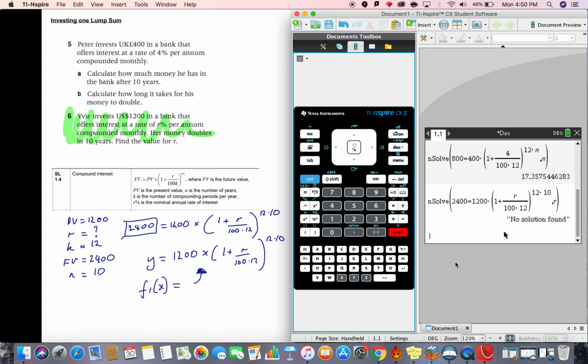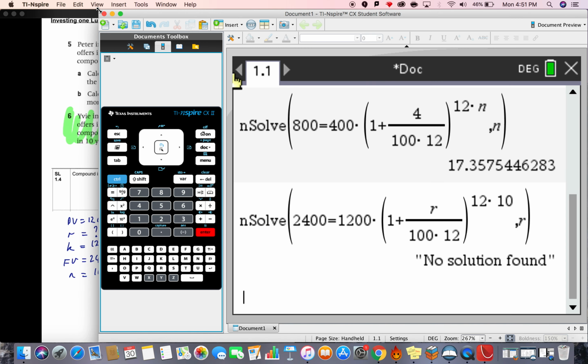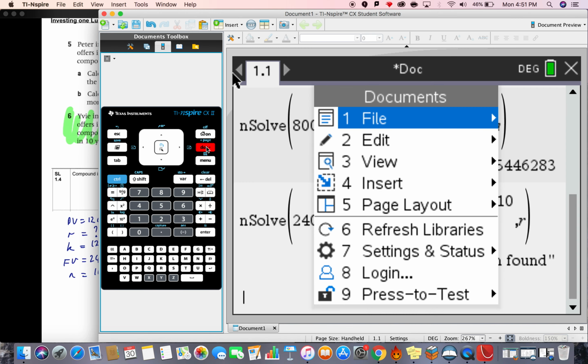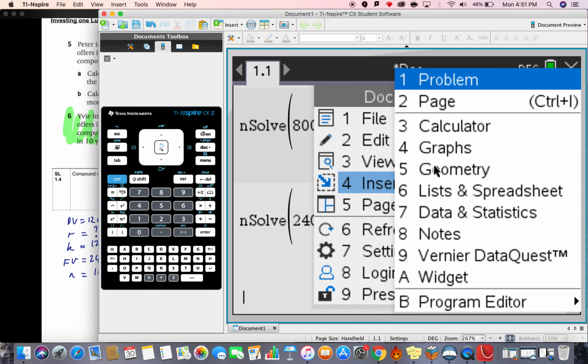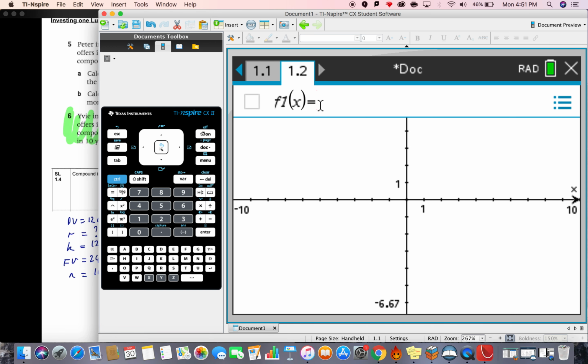The best thing to do is illustrate it on a graph. Let me make this a little bit bigger, TI Inspire, so we can have a good look at it. Now let's insert a graph. In the function plotter, I'm going to type in 1200, which was the present value, times, open bracket, 1 plus R. This time R is the variable on the x-axis, so I'm going to type in x.